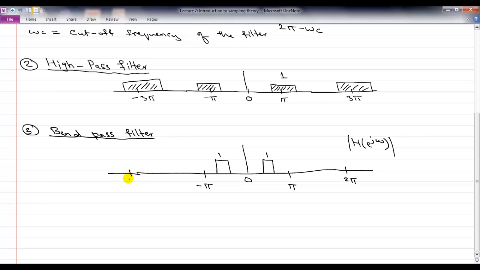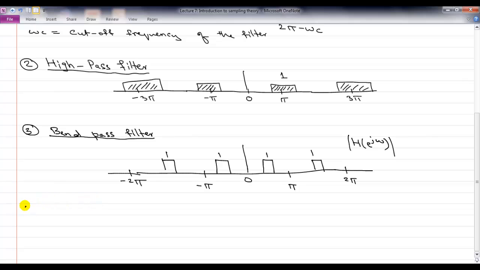Okay? But the same thing then has to be repeated at multiples of 2 pi. So you will have the same thing happening here, and the same thing happening here.